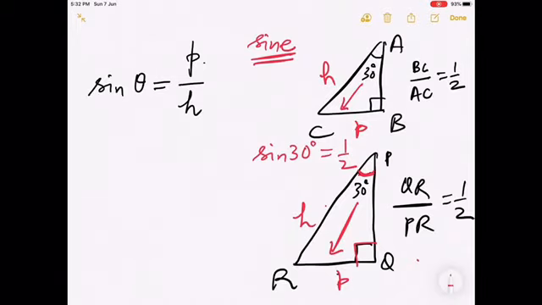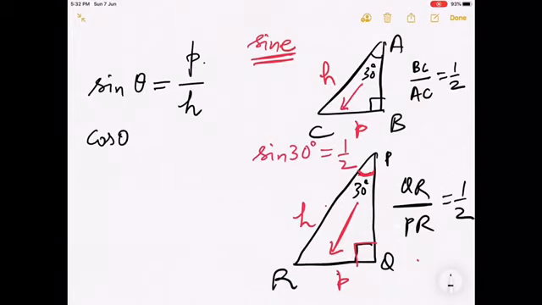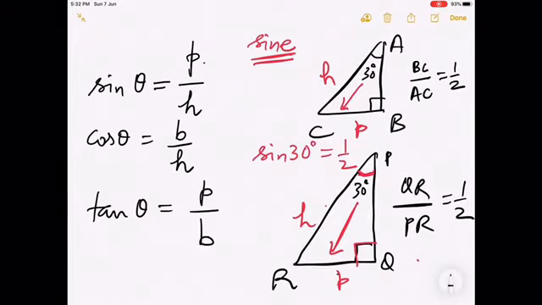And the next ratio which we consider here will be cos theta. So cos theta, this ratio is defined as base upon hypotenuse, and the next ratio here is tan theta. Tan theta is written as perpendicular upon base. So these are the three basic trigonometric ratios from which we start with trigonometry.